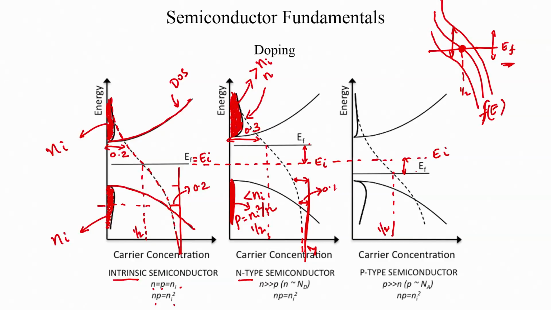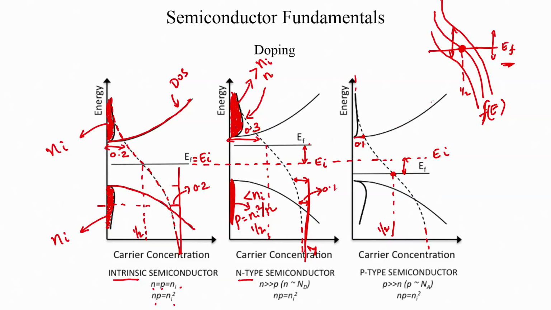By now moving EF downward, f of E is also shifted downward, which means that the probability of me finding an electron has now gone down drastically. So it was 0.2 there, it had increased to 0.3 for n type doping, but now it has become, let us say, 0.1. The probability of me finding an electron in the states above EF has gone down.